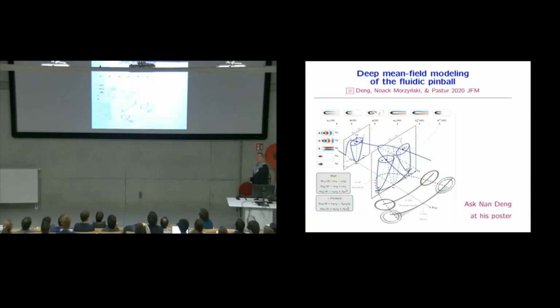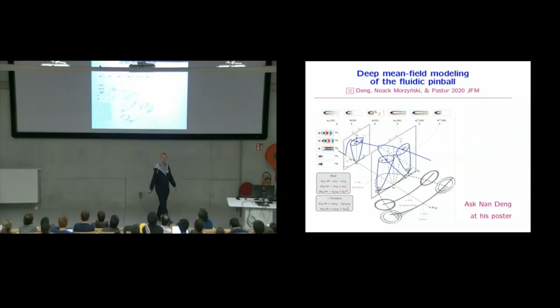My focus in this talk is automated methods, which typically work. There's another example of what I would call a deep mean field modeling of the fluidic pinball, which Nan Deng has derived. Now we see one reduced order model which encapsulates 3 different steady states, 3 different periodic solutions, and all the transitions between them.